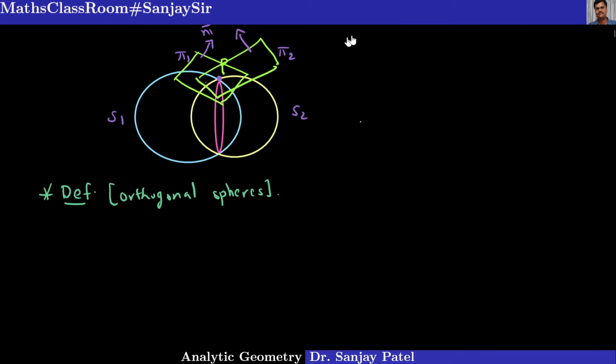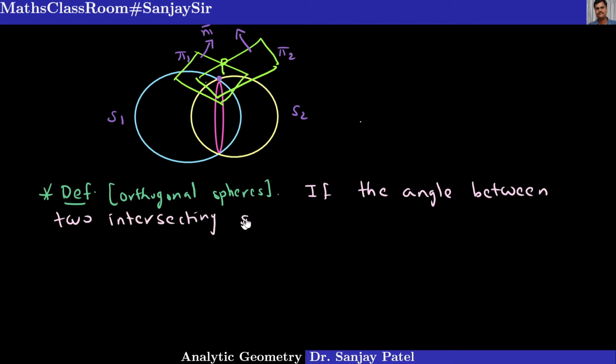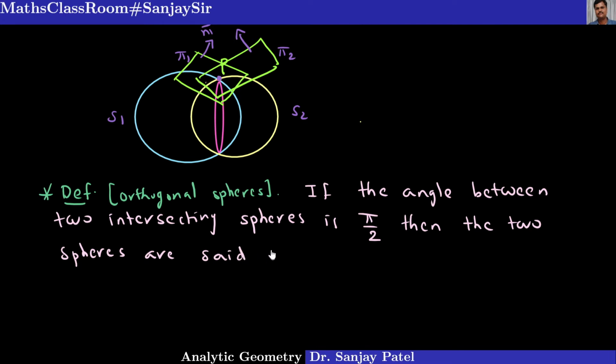Now, if the angle between two intersecting spheres, and now you know what is the meaning of the angle between two intersecting spheres, is pi by 2, then the two spheres are said to be orthogonal spheres.